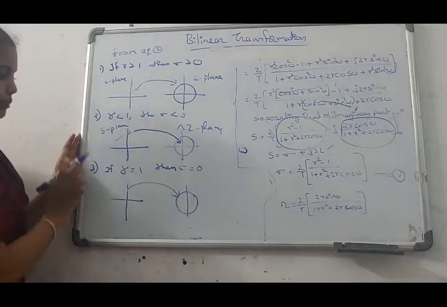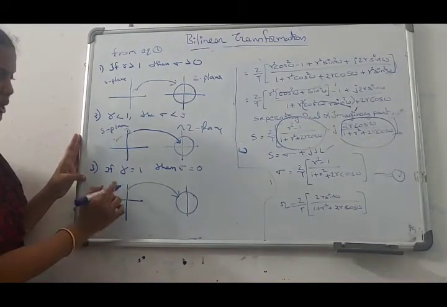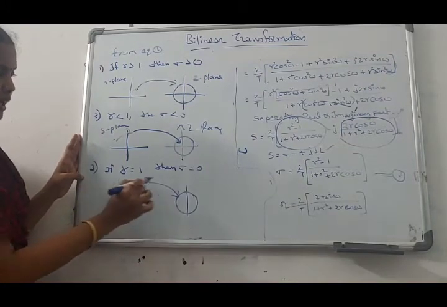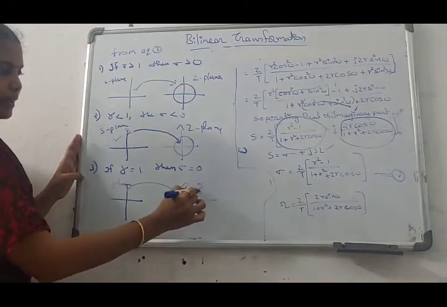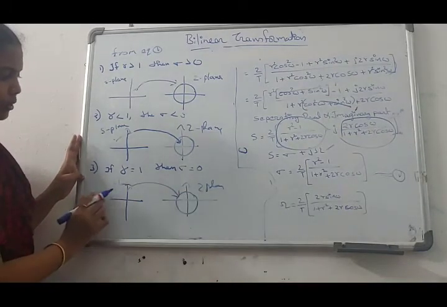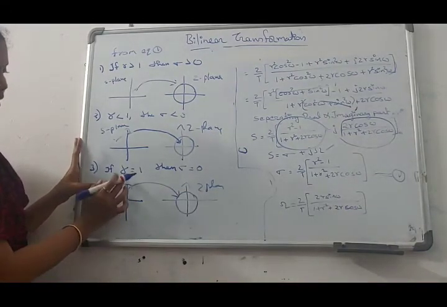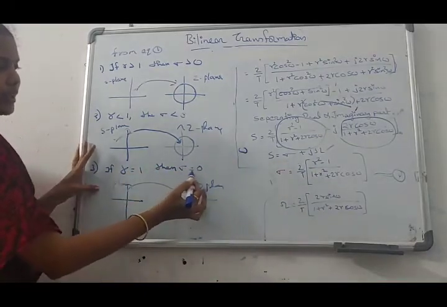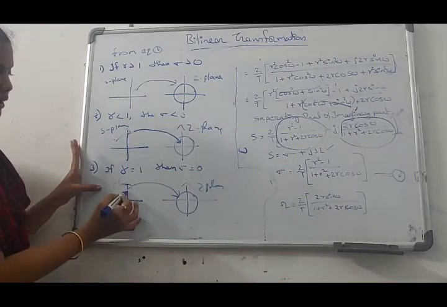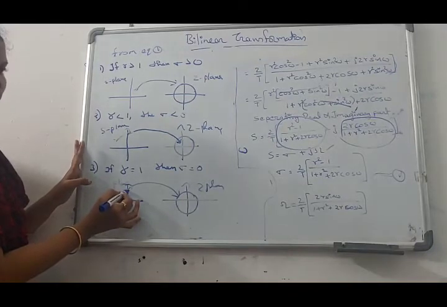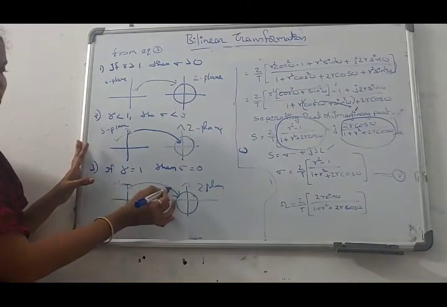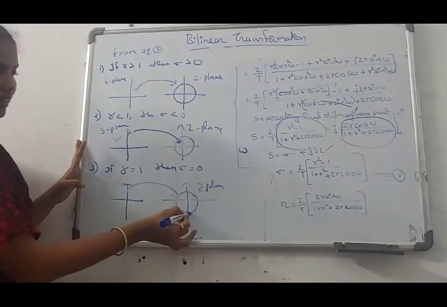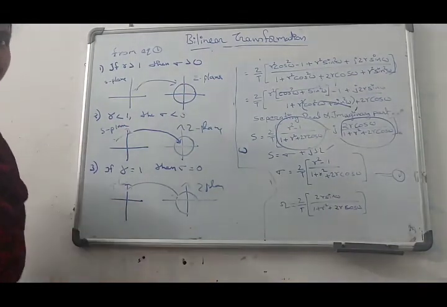Whereas if r is equal to 1, then sigma is equal to 0, and a pole on the j omega axis will be mapped on the circle of the Z plane.